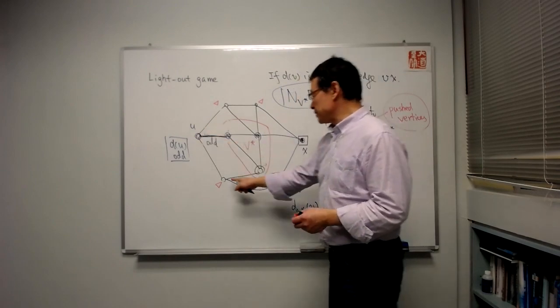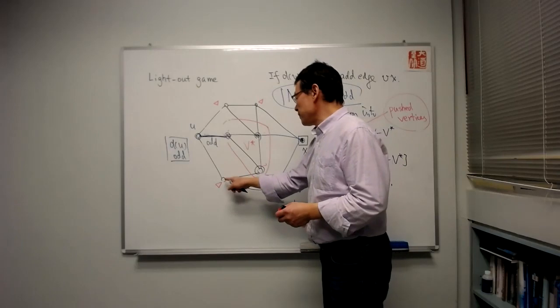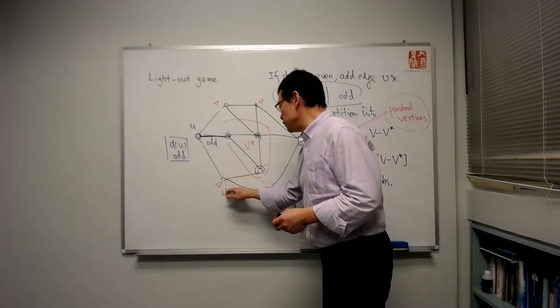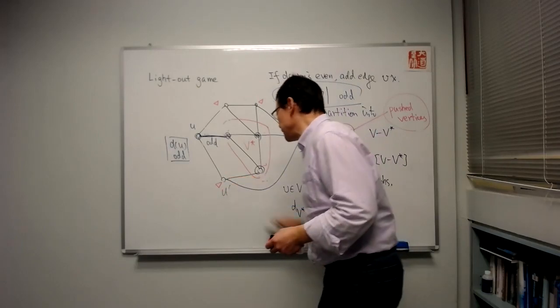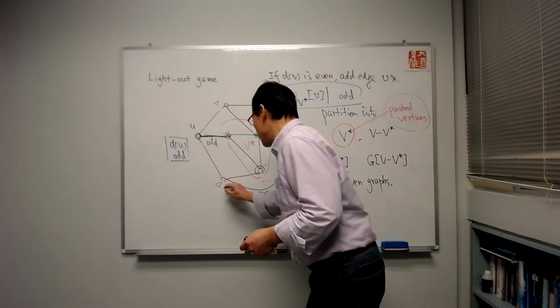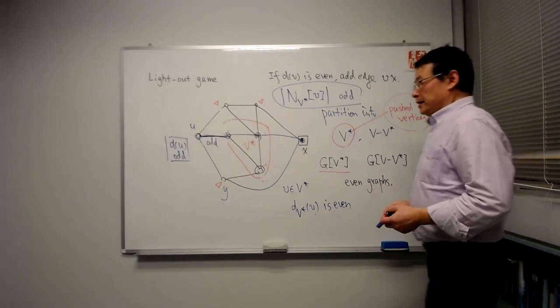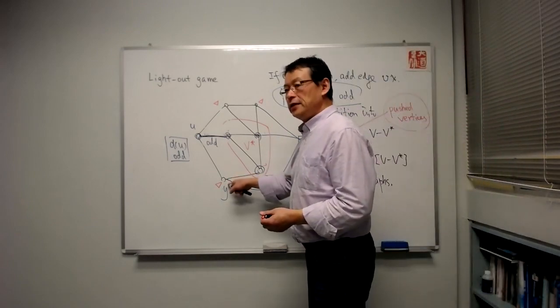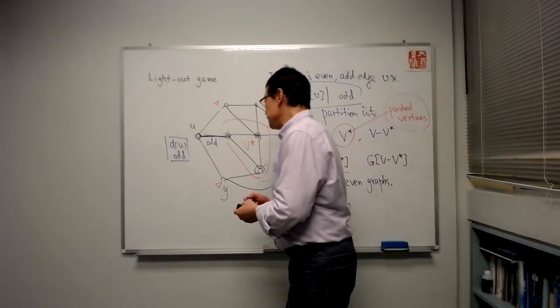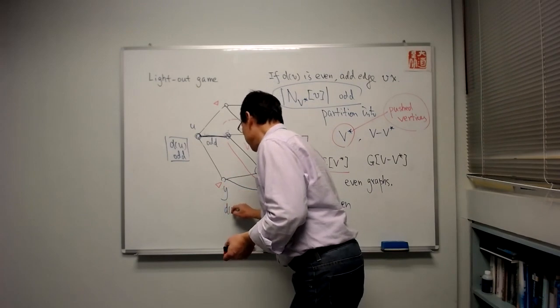Now consider a vertex where we add an edge between this vertex, u prime, maybe use a different name, let's say y, and x. Then the degree of this one, dy, is initially even.